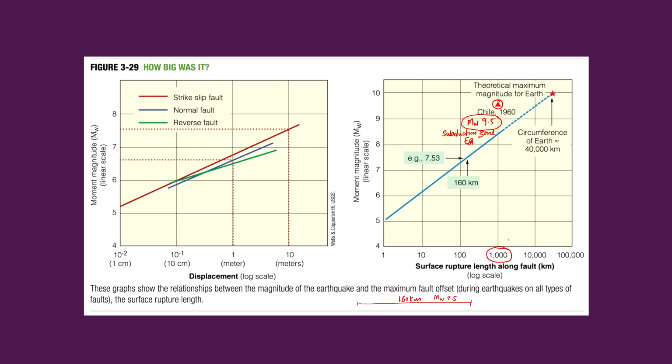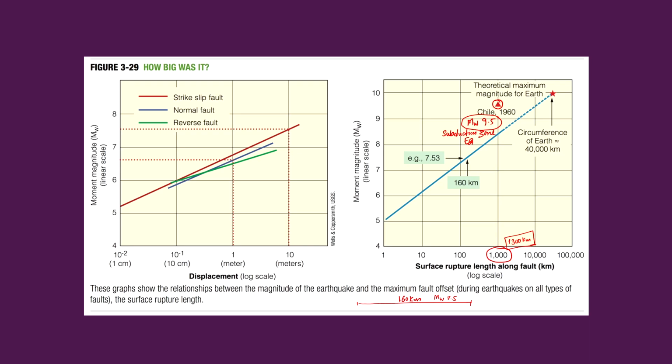It went up to about 1300 kilometers, and that was because of the triggered stress on the nearby segment, which also ruptured. Okay. And that's how with 9.3 we got a rupture length of 1300 kilometers.